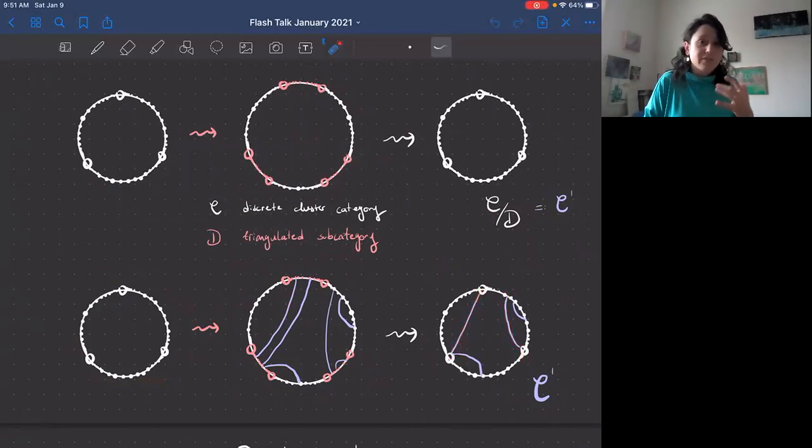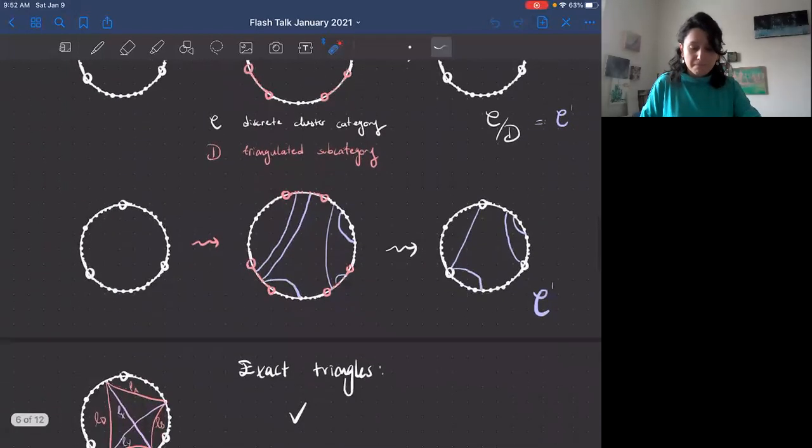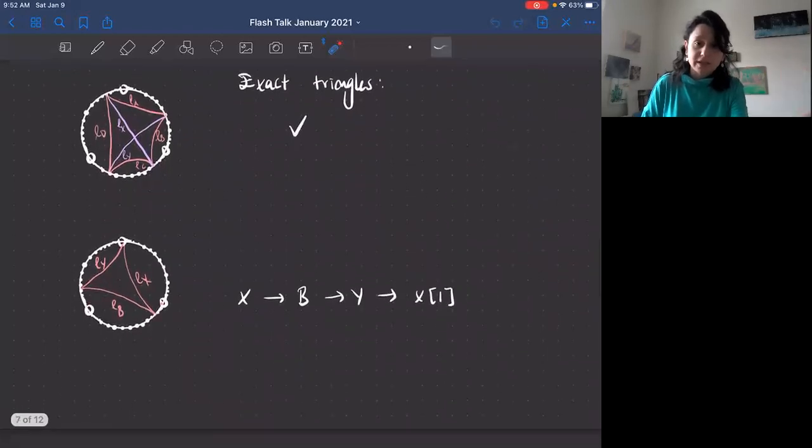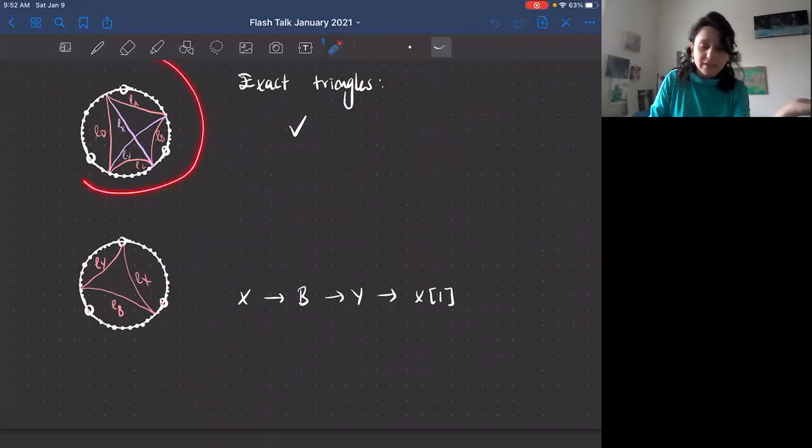So by taking a Verdier quotient, we were able to create a category which consisted of the limit arcs. It's just a certain quotient of the discrete cluster category. Again, if we talk about the triangulated structure in C bar, this new quotient which includes the limit arcs, we will have exact triangles as before.